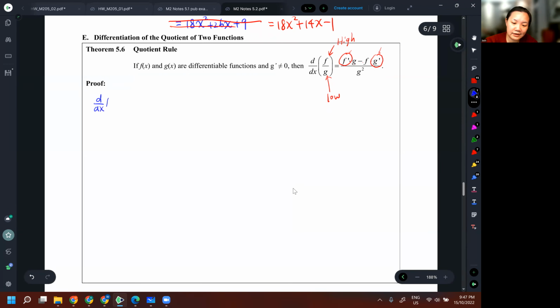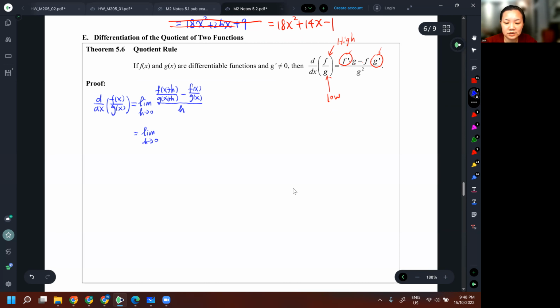d/dx of f of x divided by g of x is equal to the limit of f of x plus h over g of x plus h, minus f of x over g of x, divided by h, and that is the limit.